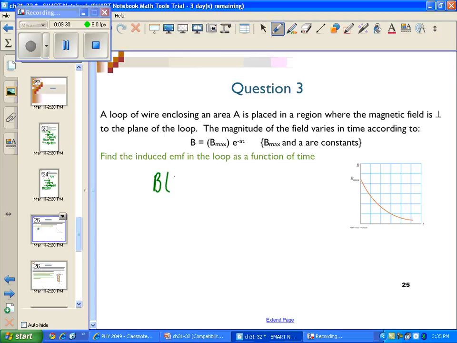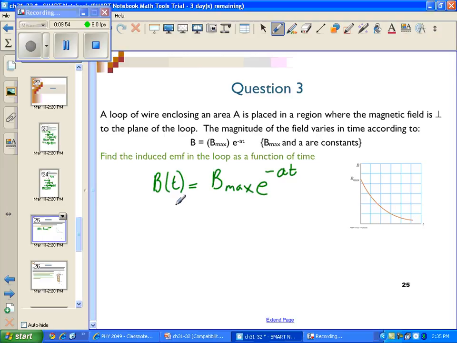Let's go ahead and write it as a function of time: a constant B max times e, and this time this e is the natural log base, to the minus a times t, where little a is also constant, like B max.